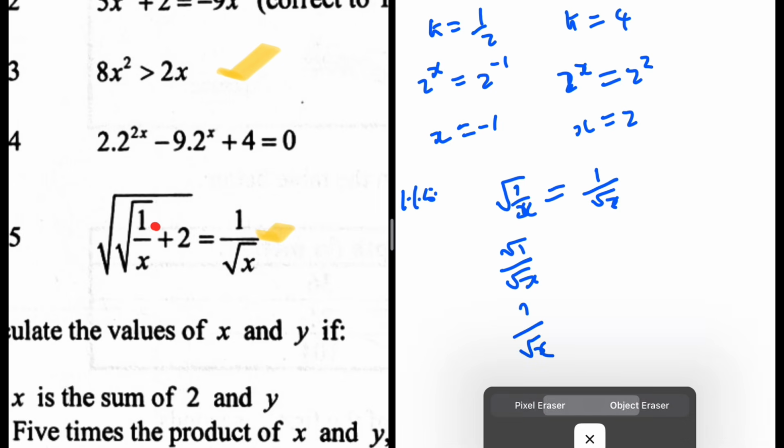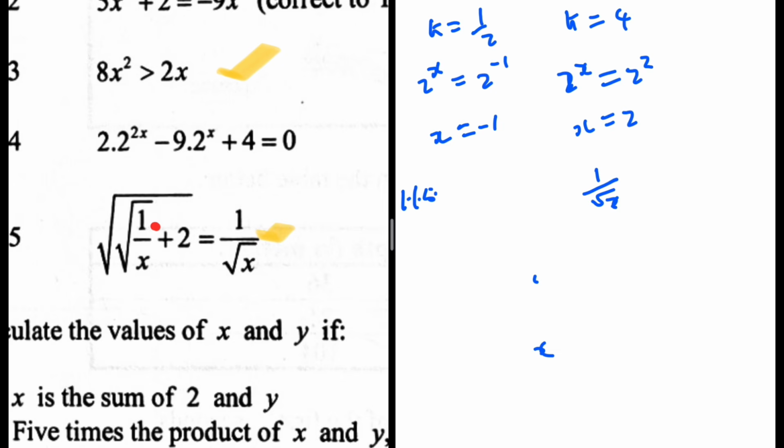So those two things are actually the same thing, right? You had to realize that first. But anyway, we have square root of k plus 2 is equal to k, when I let k be equal to 1 over square root of x.